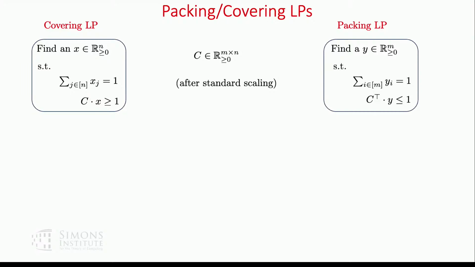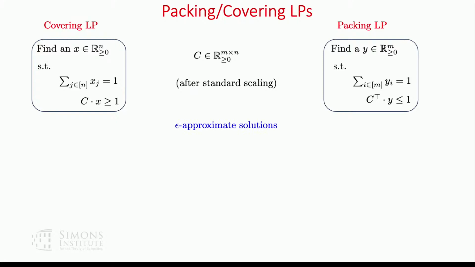The covering LP problem asks us to find a vector x whose L1 norm is 1, so the sum of all the coordinates of x is 1, and it satisfies the covering constraints: C times x is at least 1. For the dual packing LP, we want to find a vector y such that C transpose times y is at most 1, and again, the sum of the coordinates of y is equal to 1.